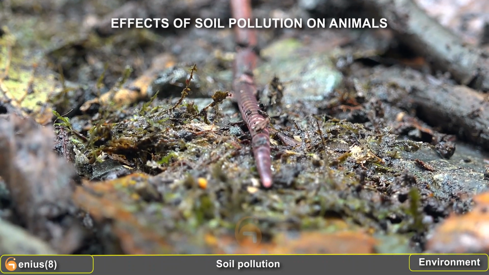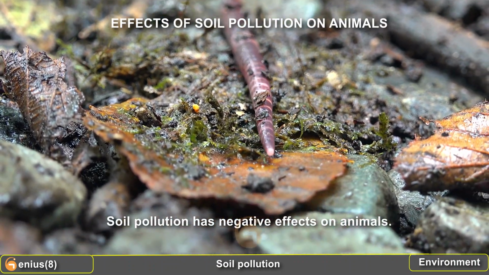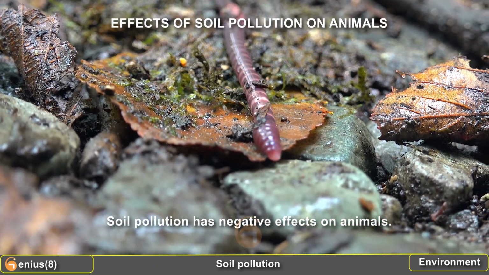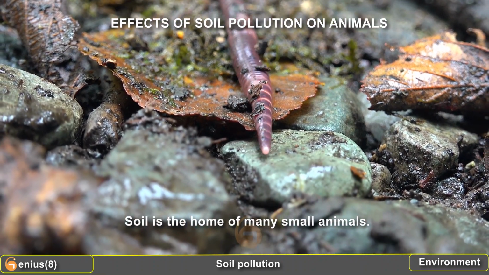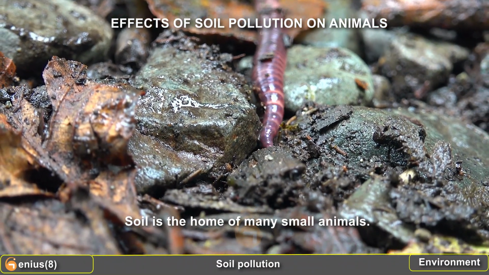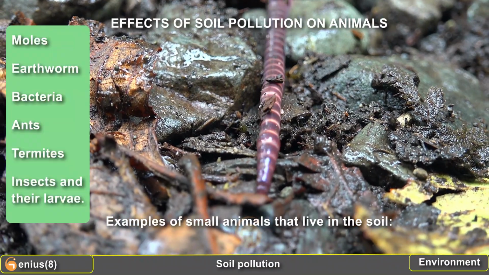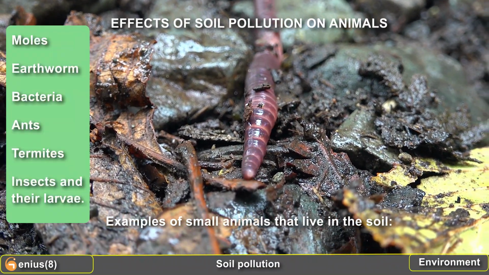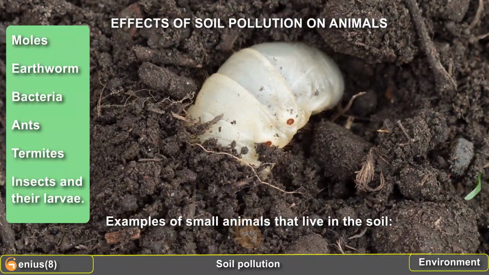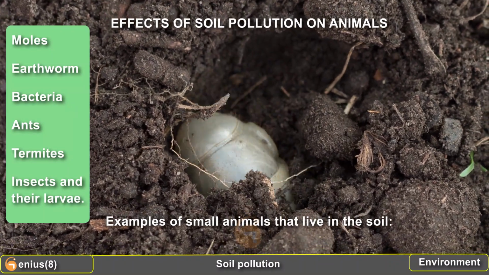Effects of soil pollution on animals. Soil pollution has negative effects on animals. Soil is the home of many small animals. Examples of small animals who live in the soil: moles, earthworms, bacteria, ants, termites, insects and their larvae.